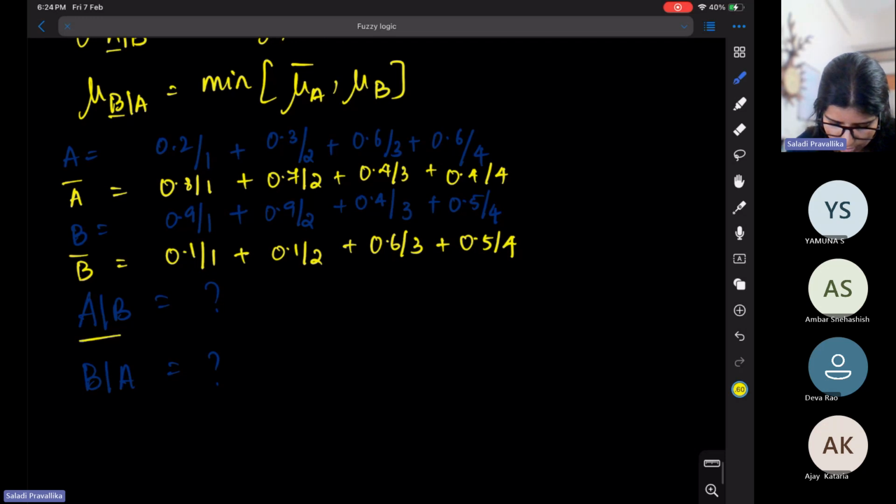So when we are taking A minus B, what are we going to consider? We are going to consider A and B bar, right?